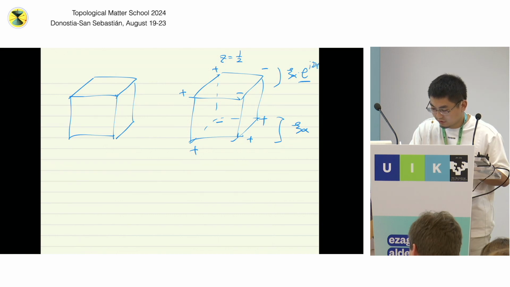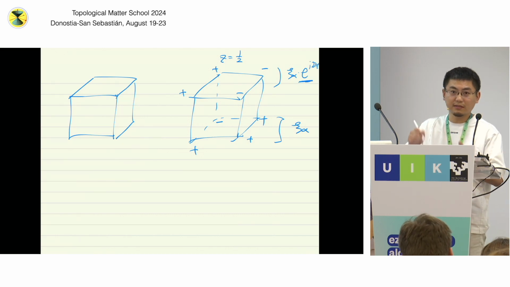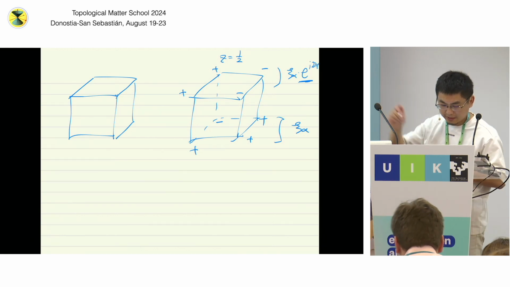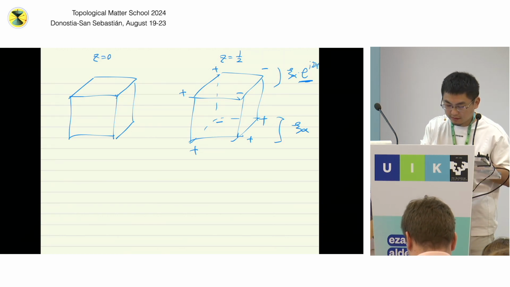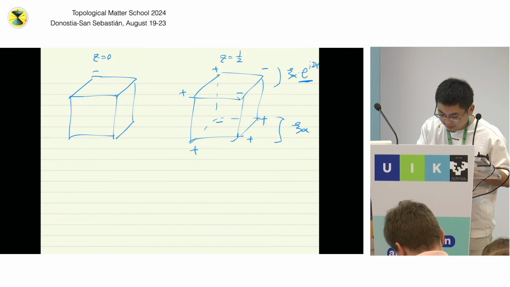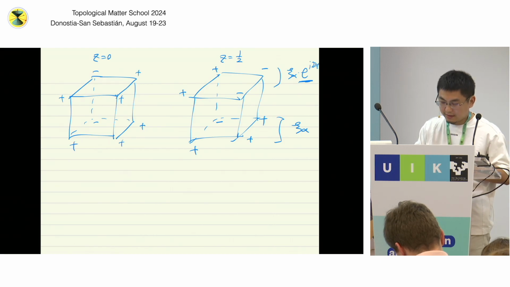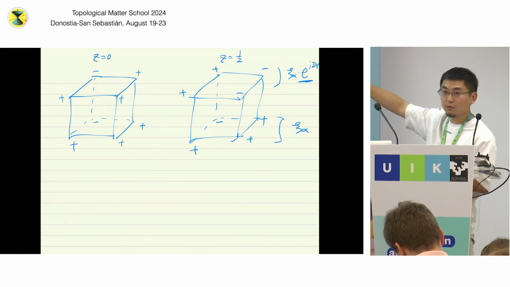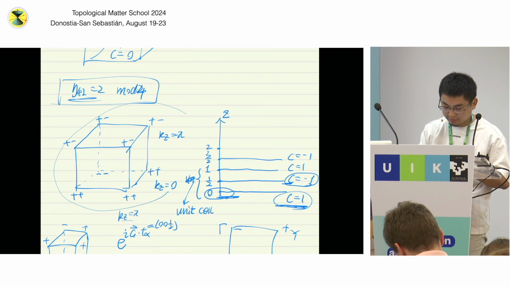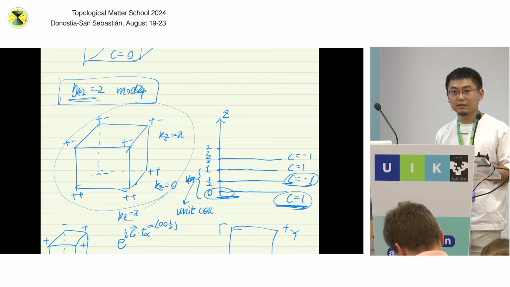This phase factor is -1 for the layer at z equal to 1/2, so it flips all the signs of these parities. But for the layer at z equal to 0, the phase factor is just 1, so this case is much simpler. The 2 layers have identical parities, and if we sum over the 2 layers, we reproduce the parities I showed at the beginning.